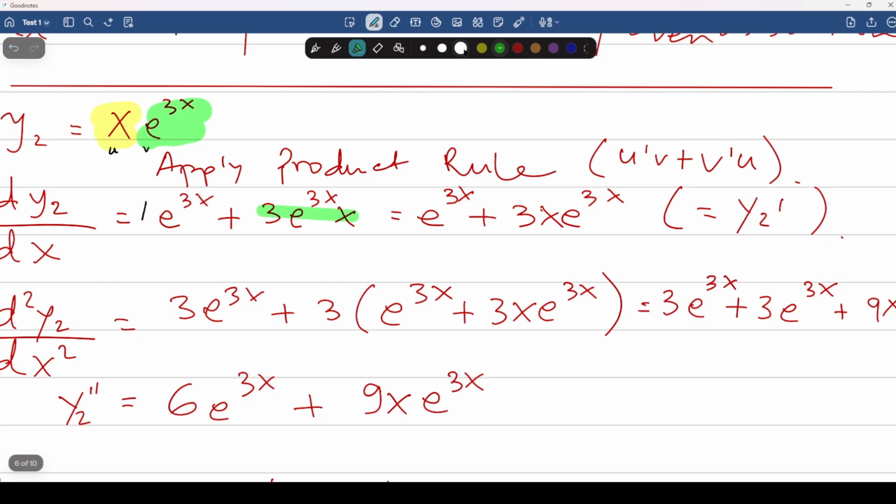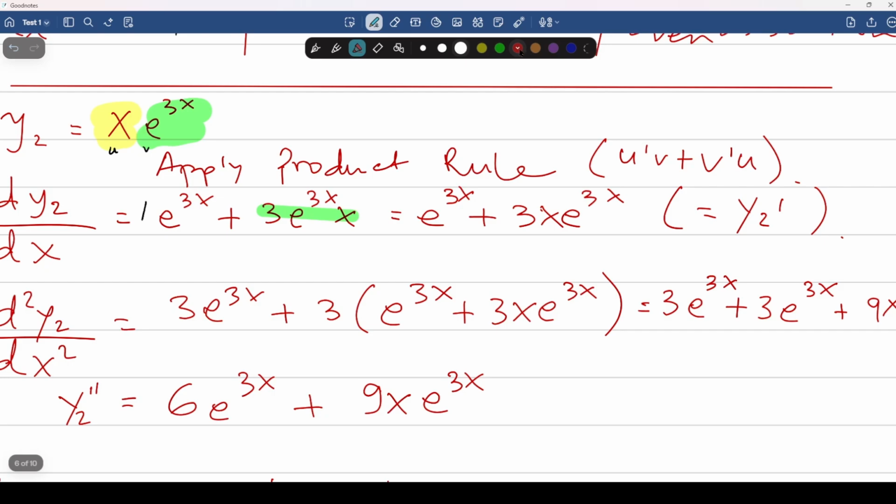The e to the 3x term is simple: it becomes 3e to the 3x. For the second term, 3x e to the 3x, take the 3 out first, and then x e to the 3x is actually the same as the function we just differentiated.